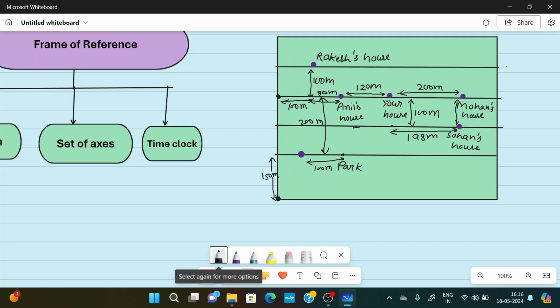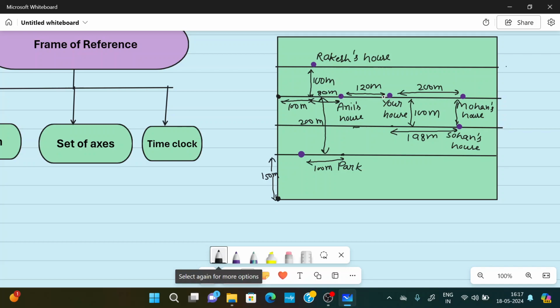From here you can see that the position of your house depends upon the point of reference from where you are measuring the distance. If you are measuring from Anil's house, it is 120 meters right, and when you are measuring from Mohan's house, it is 200 meters left.